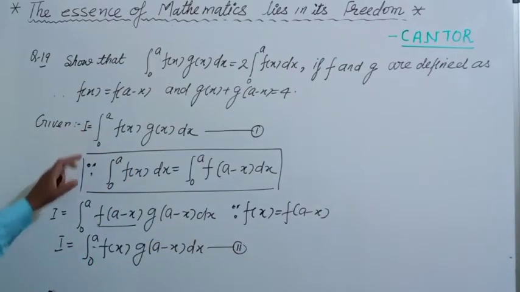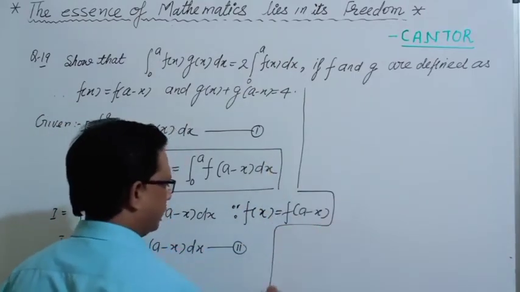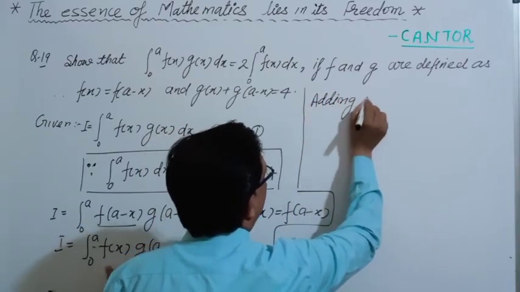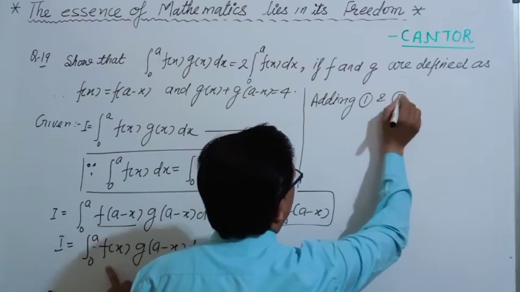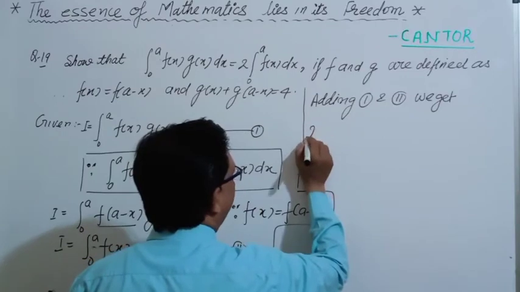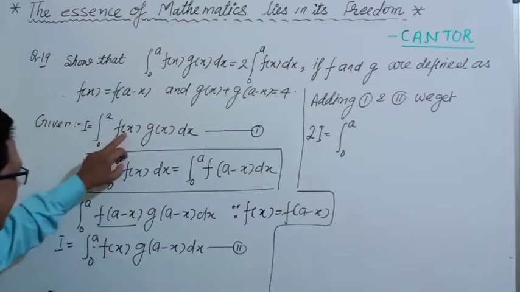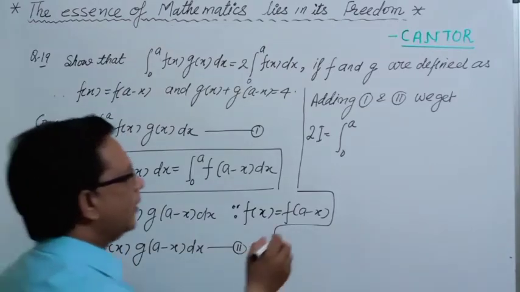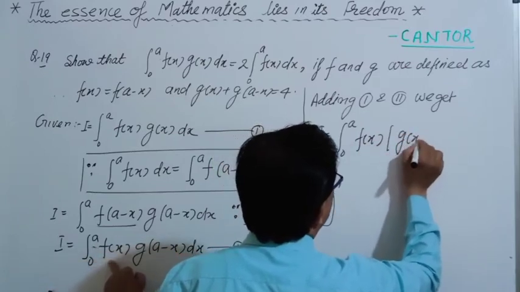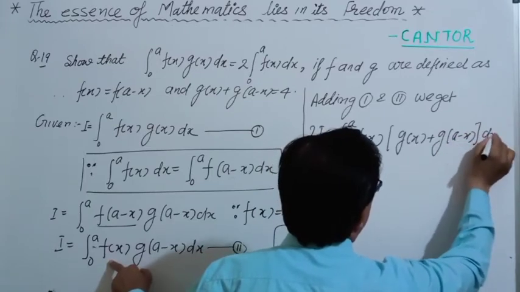Now we add equation first and second. Adding first and second, we get 2I equal to the integral from 0 to a. Here we see that f(x) is common, so we take f(x) common. In the bracket we have g(x) plus g(a minus x) dx.